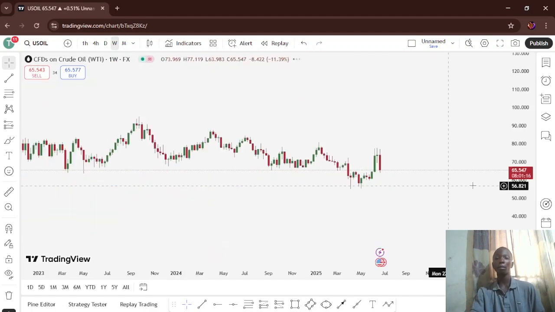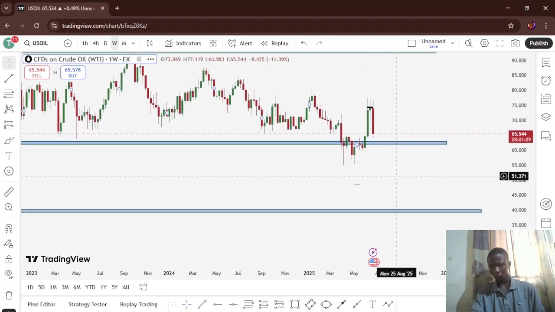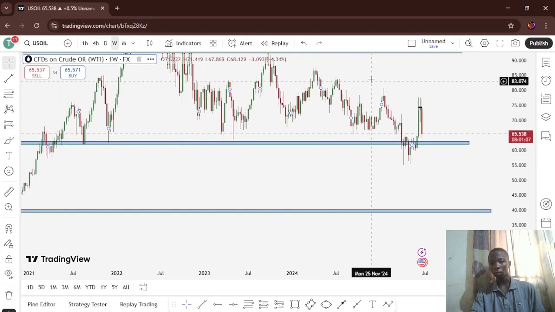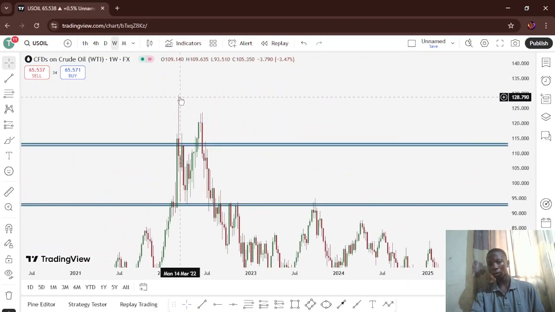We've gone to the weekly now. The weekly is telling us that yes, we're surely gonna build all the way down, because if you spot, this looks like a double top around here. It's the week of this.